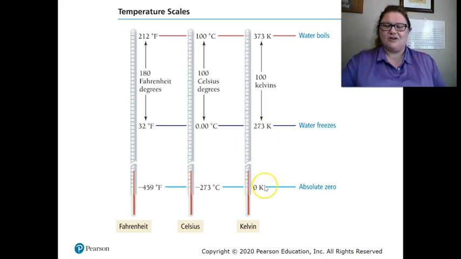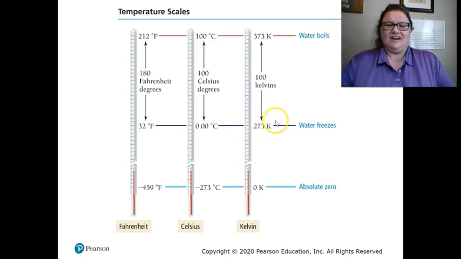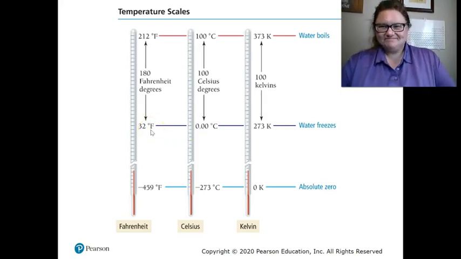But remember, 0 is absolutely no movement at all. And 273 is just frozen. So it's a very drastic scale for Kelvin. 0 degrees Celsius means you're frozen, right at flatline 0. And Fahrenheit's over here at 32. Unique number there. Okay, different.